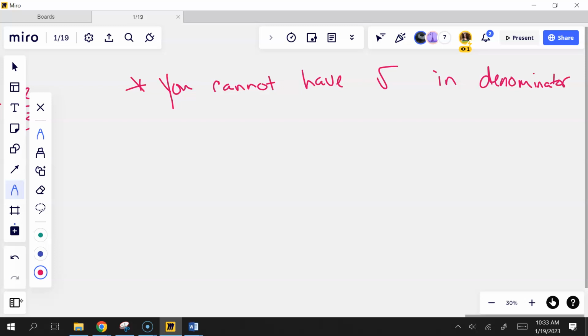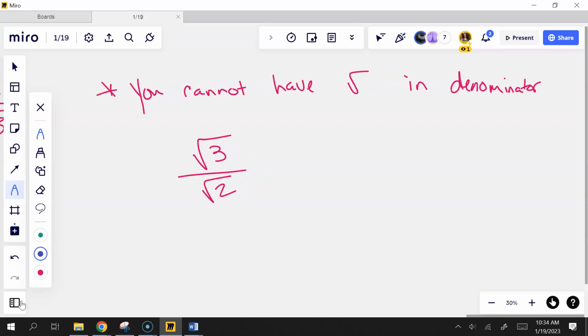Let's say I have the square root of 3 over the square root of 2. You're saying it wrong, because you can't just do this to the top and the bottom, because then I've changed the value of the fraction.